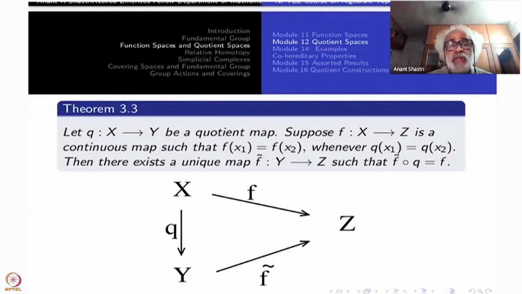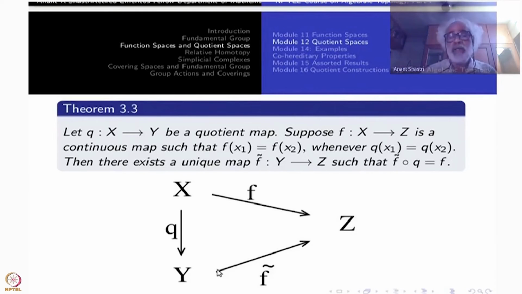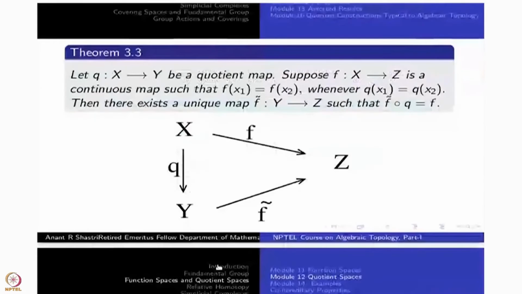So this is the so-called universal property of Q because it is true for all F and all Z. And there is no other function which is continuous like this and satisfies this. Such maps are called quotient maps. You can take this as the definition. Let's go through this one. Why is this so?